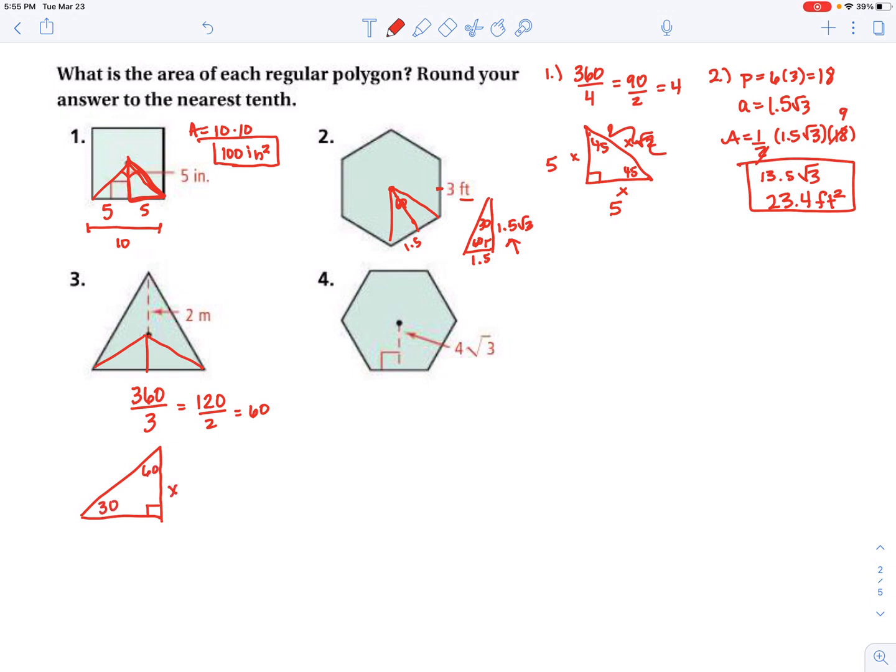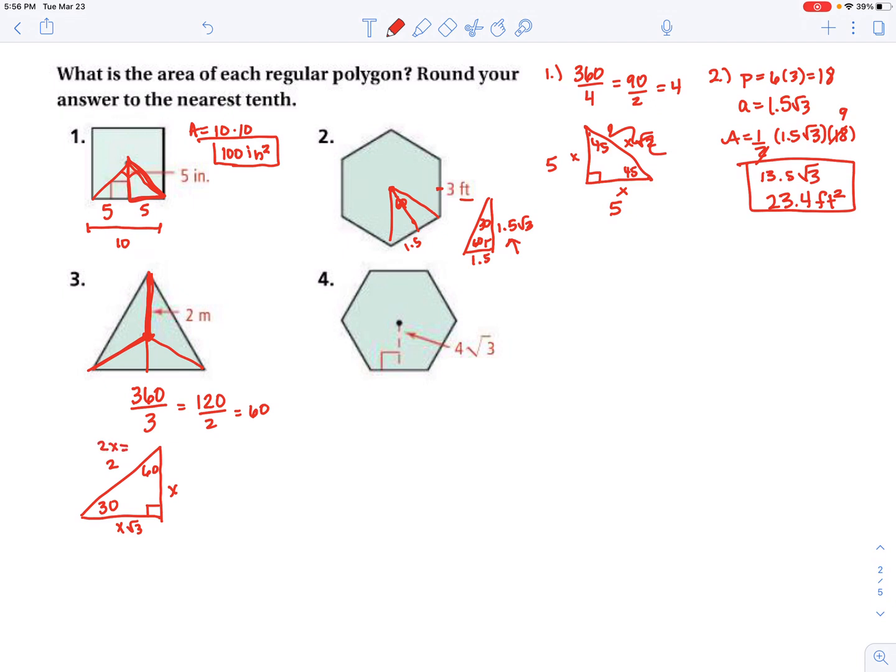This is my x. Now you have to ask yourself, is this 2 a radius or an apothem? Since it goes from the center, or the centroid, to a corner or a vertex, that's actually a radius. And that's going to be the hypotenuse, which is 2. So this side was x square root 3. This side was 2x.